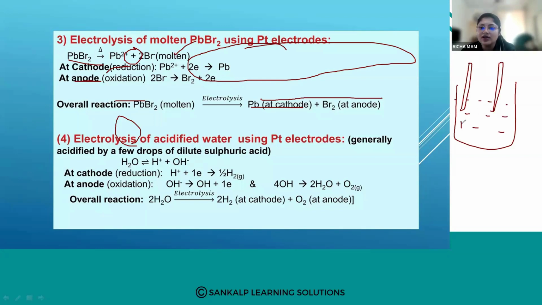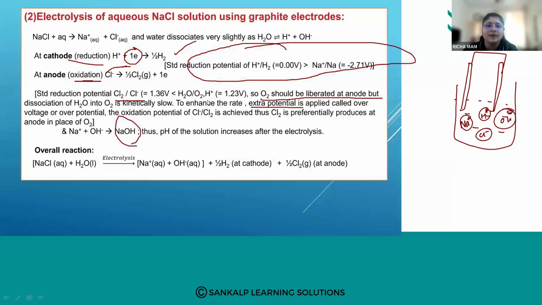When I add water, Na+ ions and Cl- ions split, and water splits into H+ and OH- ions. When the external electric current is applied, what is formed? You will get NaOH. Na will combine with OH- to form NaOH. So the pH of the solution will increase after electrolysis.